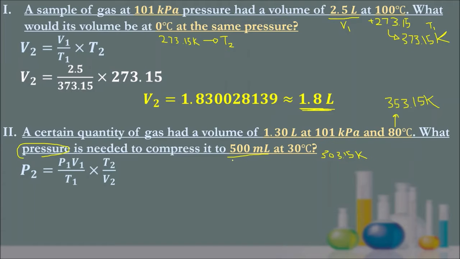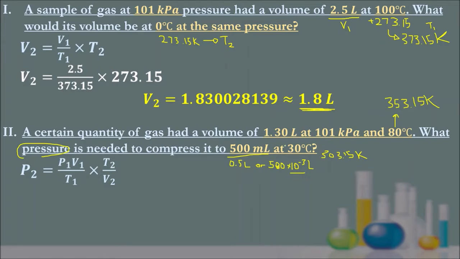So you can rewrite this as 0.5 liters, or sometimes I like to do it when I'm teaching physically, is write 5 times 10 to the power of -3 liters. 10 to the power of -3 is the same thing as saying divided by 1000.